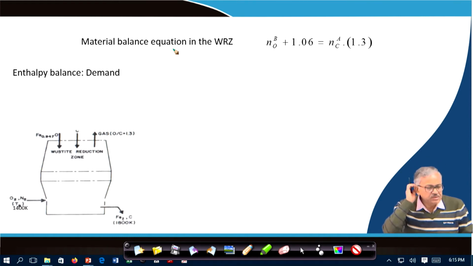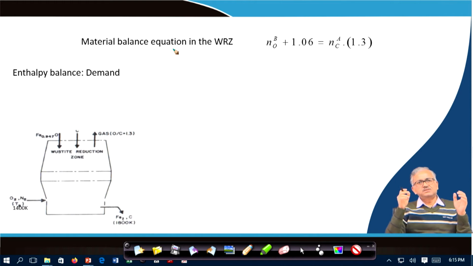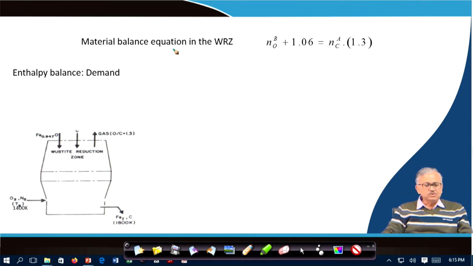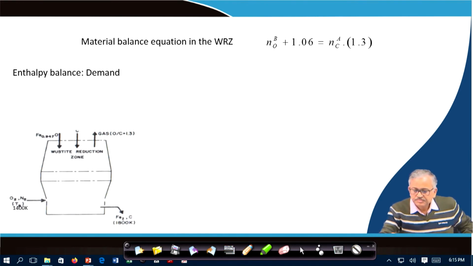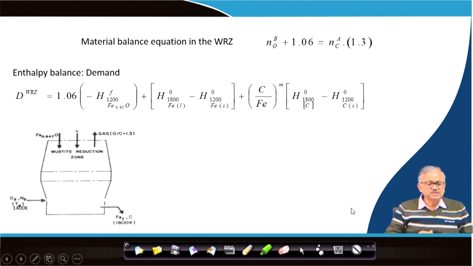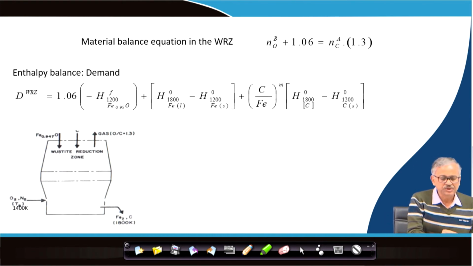Now, let us do the heat balance. If I know what the demand and what the supply is, I can equate them, that is the enthalpy balance will be done, right. I will do it better that way. So, what is the demand in this case, let us see. These are the Wüstite reserve zone demands.